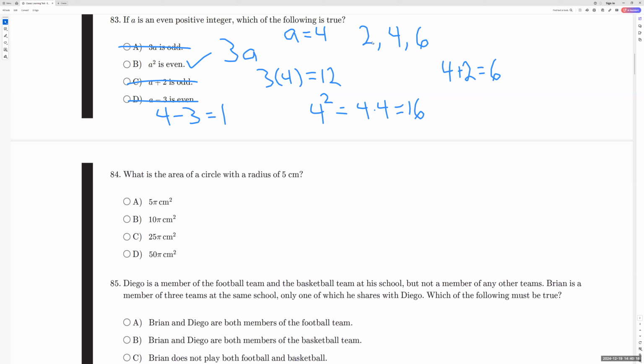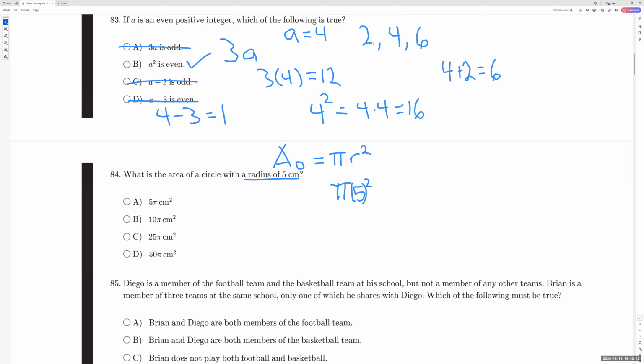Okay, the area of a circle. Let's remember that the area of a circle is equal to pi times the radius times the radius. So we have a radius of 5 centimeters. So we simply need to say pi from the formula times the radius 5 squared.